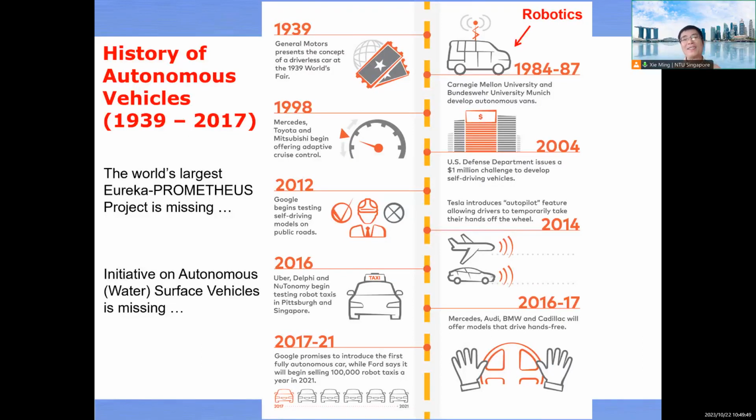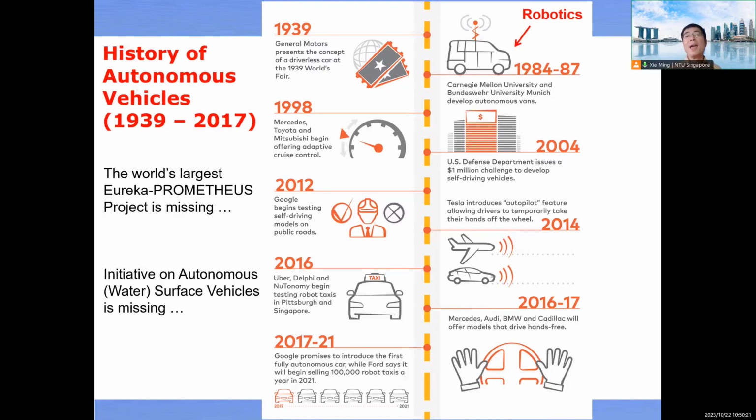So this history started very, very early. But everyone knows that at that point of time, we did not have an embedded computing system. We did not have a digital computer. Obviously, the objective set by people in year 1939 was too ambitious. It was actually not possible to achieve at that point of time.